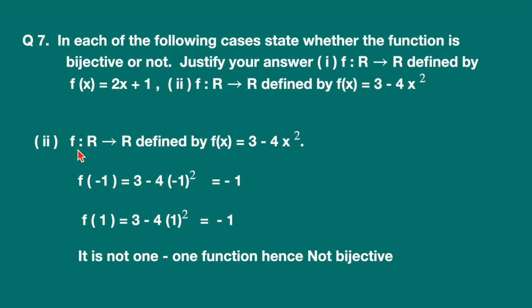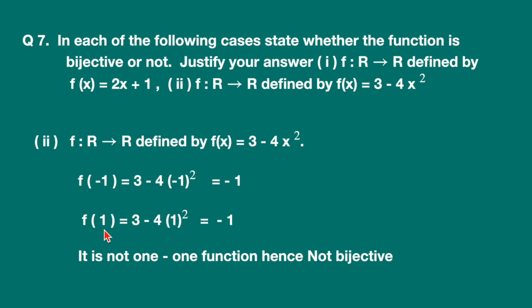Sum number 2, function R to R defined by f(x) is equal to 3 minus 4x square. Okay, so here we have to find out what kind of function is this. So here I am going to specifically take two values of x which belongs to R, real number set, that is minus 1 and 1. So here f at minus 1, substitute minus 1 here. Simplify, you get minus 1.